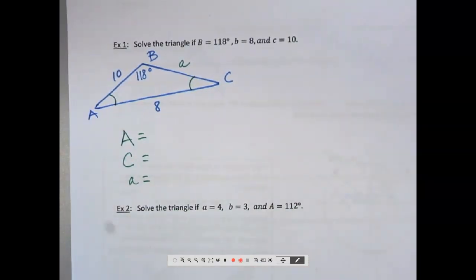Okay, so can I use opposite, adjacent, hypotenuse? No, it's not a right triangle. So out goes the sine, cosine, tangent ratios. So then I rely on what did we talk about yesterday? Law of sines.